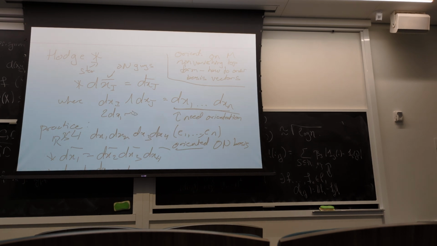Then this implies that the star should be 1/2 dx2 dx3. But because you want it to be linear, this implies that it should actually be 2 dx2 dx3. And the latter is correct. This is the right one to choose. This is also something that confused me for a bit.